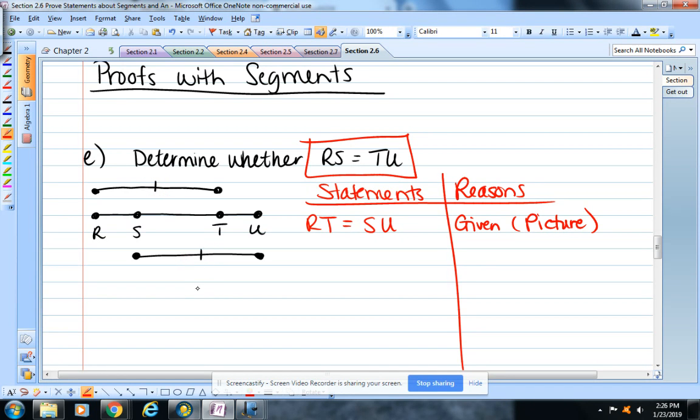Okay. Now, you know how we used the angle addition postulate a while ago to put things together? Well, we also had the segment addition postulate for line segments, right? So, what makes up RT? RS and ST. So, I can say that the length of RS plus the length of ST equals the length of RT. And that is the segment addition postulate because these are line segments.